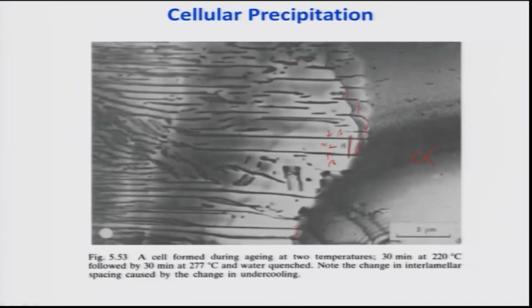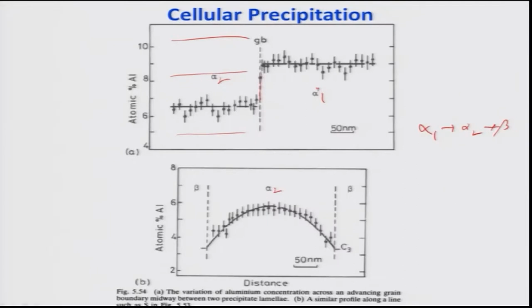If you measure the composition, you clearly see that within the alpha 2 the composition has a gradient, okay. So, the maximum aluminum concentration is in the alpha material in the plane. Now, essentially a replica of this similar concentration profile exists within an advancing grain boundary.